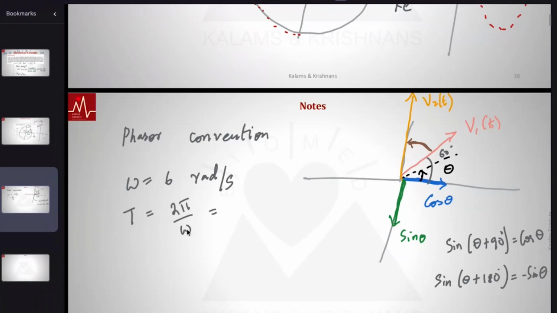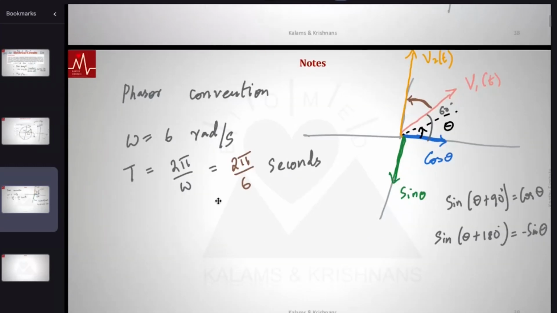That corresponds to how many seconds? I am moving from omega to time period calculation. Some of you are saying the final answer, but okay, fine. This right now happens to be 2 pi by 6. So by definition, to traverse 360 degrees, it takes 2 pi by 6 seconds.